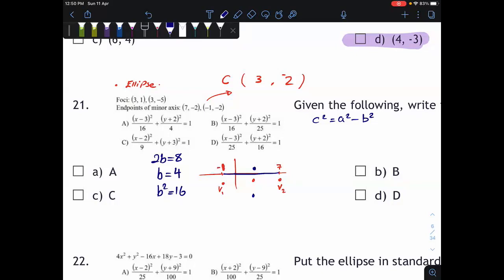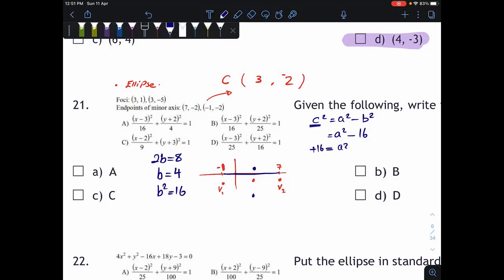C only is 6 and C squared is 36, equal to A squared minus 16. So A squared is 36 plus 16, which is 52? No, it's not 36.